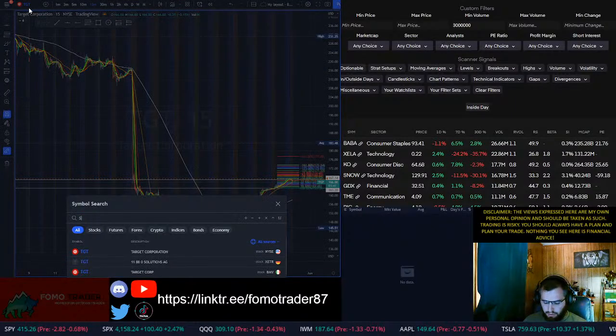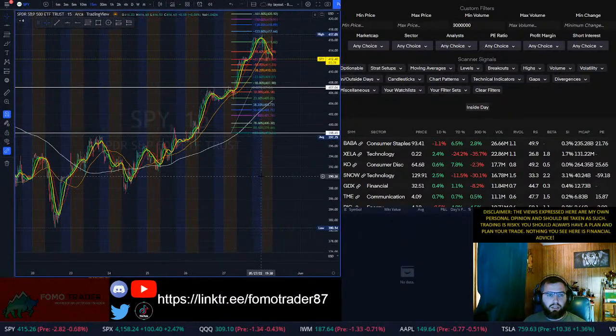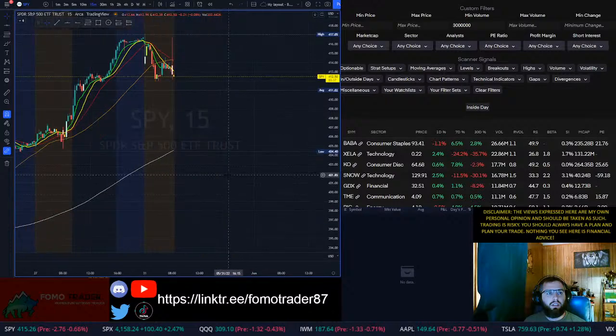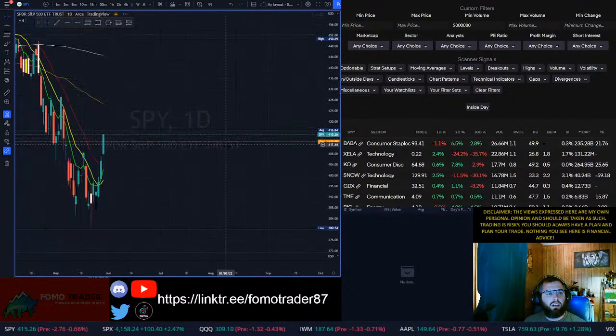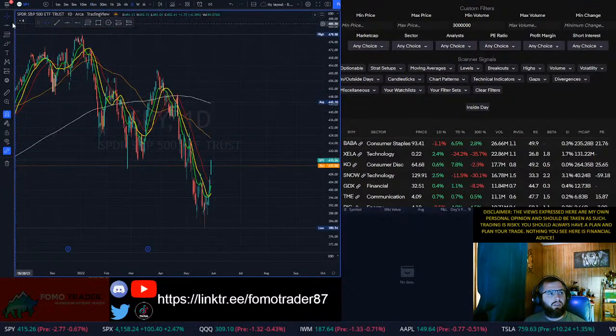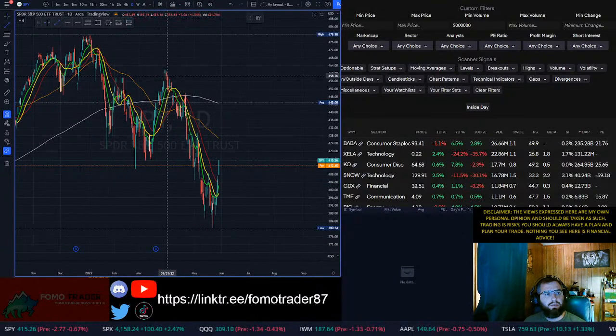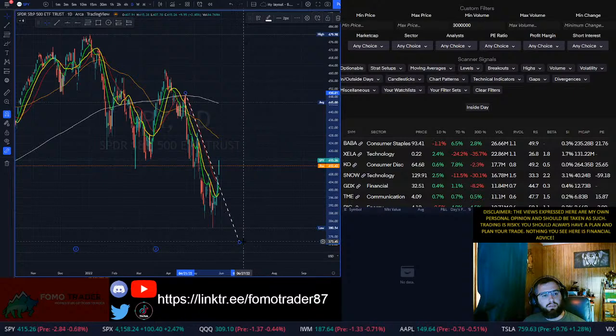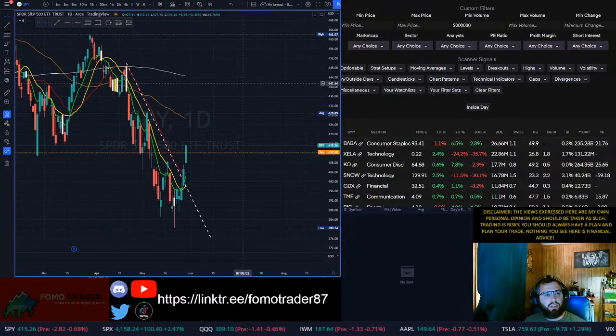Now let's look at SPY, IWM, and QQQ. So SPY on the daily, if we draw a trend line, we broke out of our downtrend here and we started to move back up.